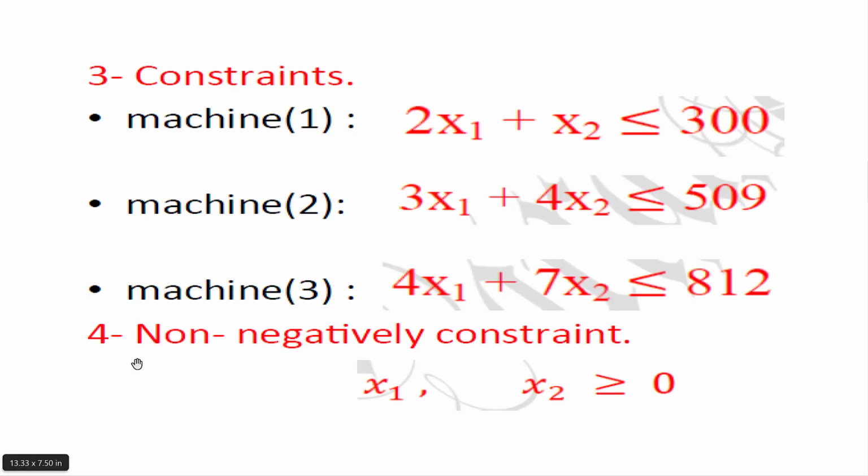Step 4, the non-negativity constraint. We write this step in all equations: the decision variables x1 and x2 should be greater than or equal to 0.